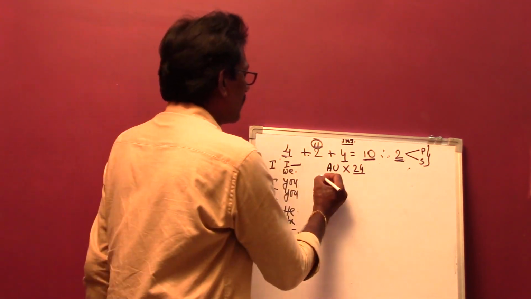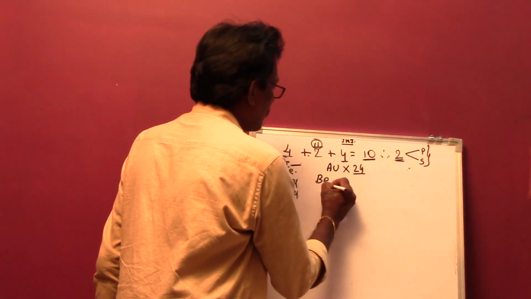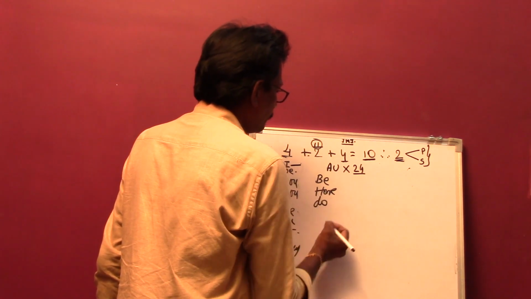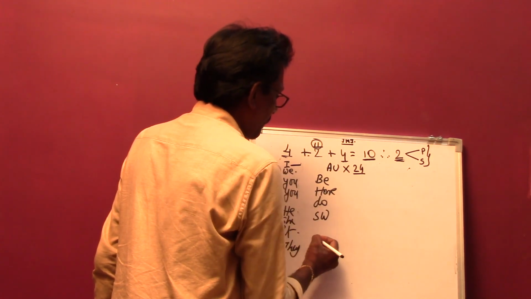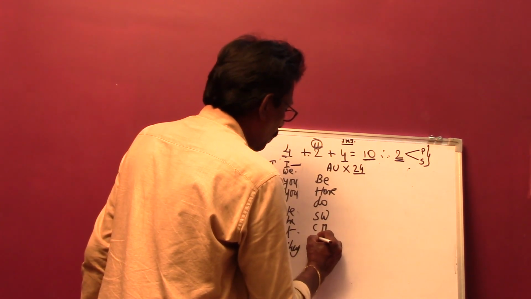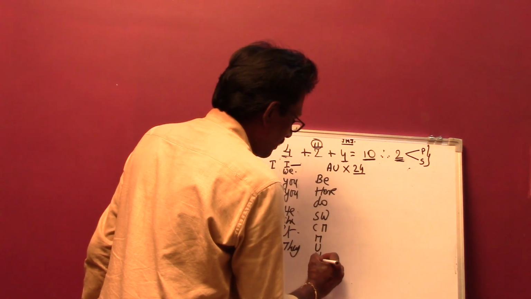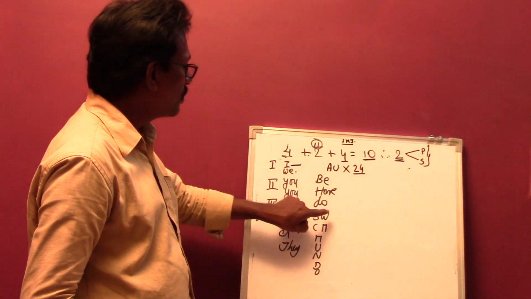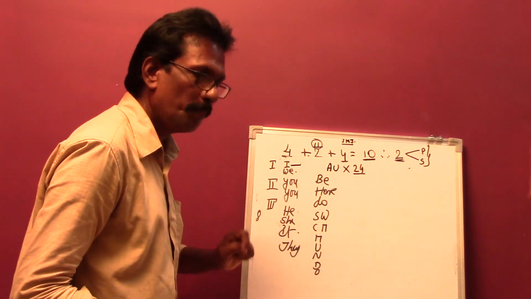What are they? Be, have, do, shall, will, can, may, must, used to, need to, dare to, ought to. Be, have, do, social welfare, CM, mundo.